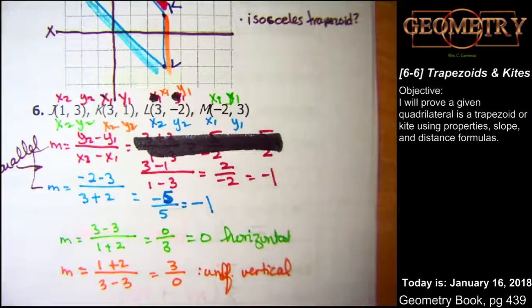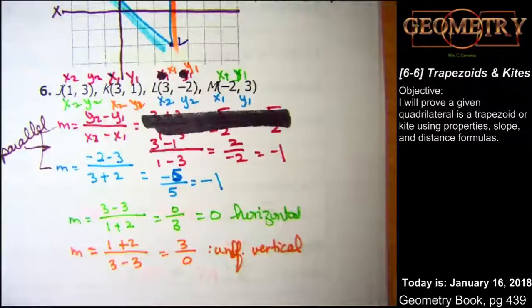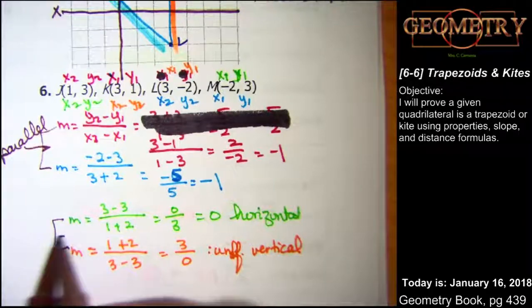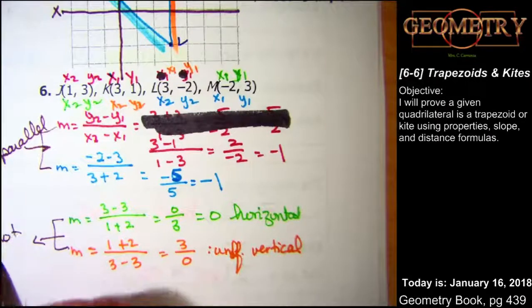I can't write. I don't know what I was thinking. All right, one's horizontal, one's vertical. We don't care whether they're perpendicular or not. They are, but we don't care. All we're asking ourselves is, are they the same? No. So these are not parallel.